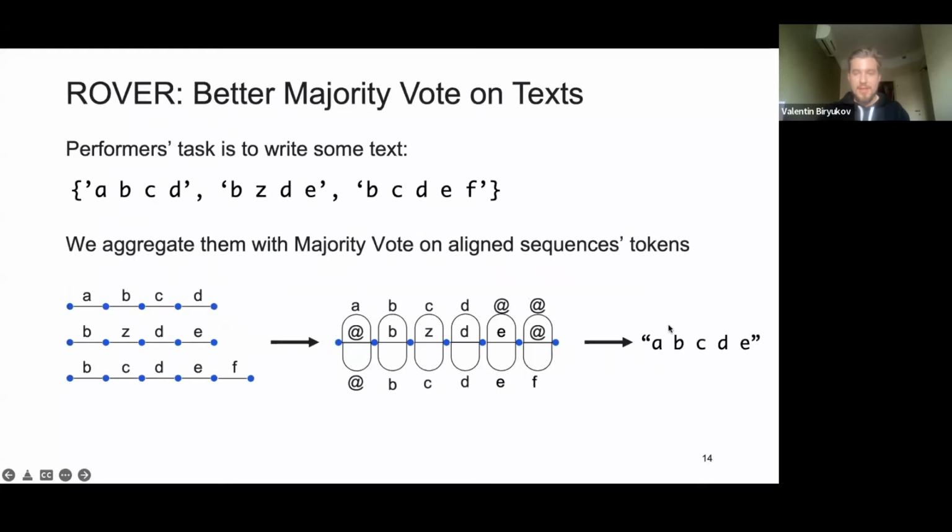So let's look at the first estimation of this task, actually something like the first algorithm to aggregate textual data. Its name is ROVER. Generally, ROVER is something like a dynamic programming algorithm.